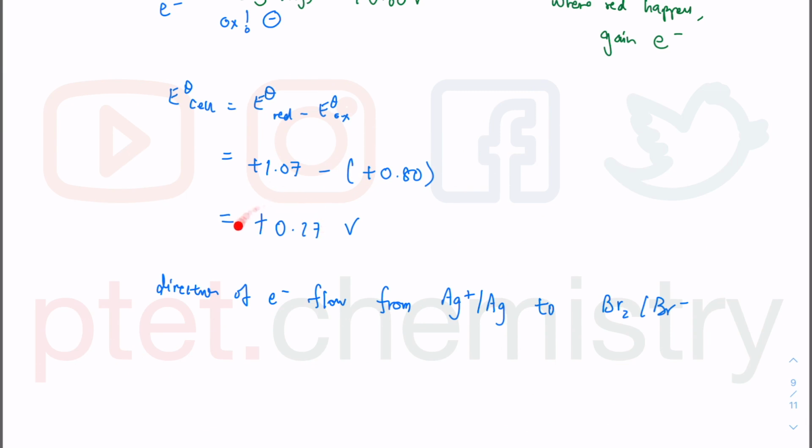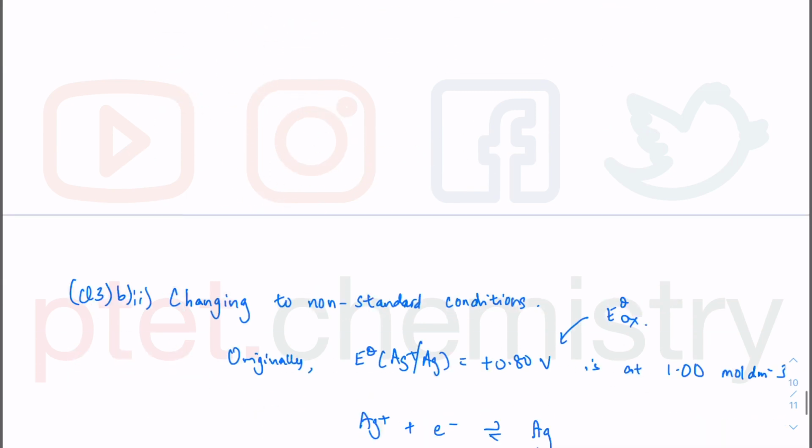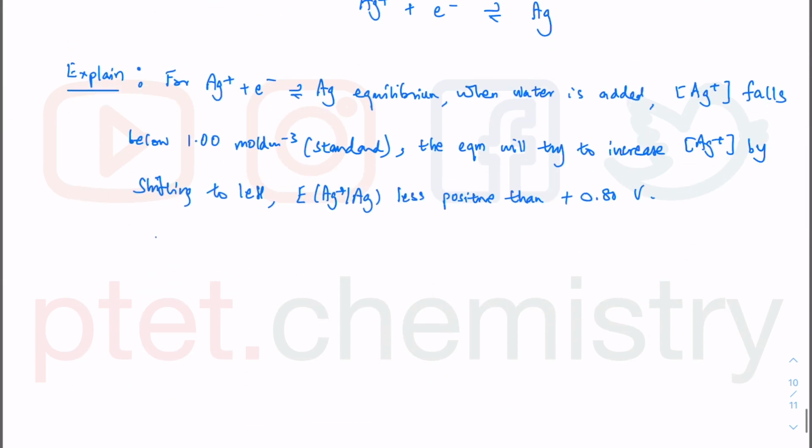So this one will become greater than plus 0.27. Therefore, E cell becomes more positive as you are taking away the E0x, which becomes less positive.